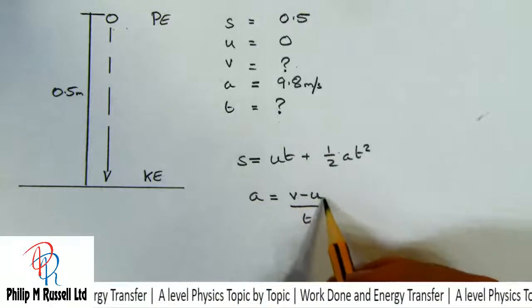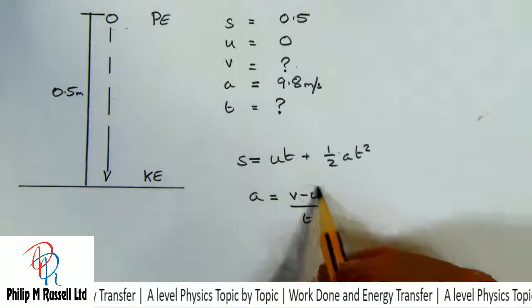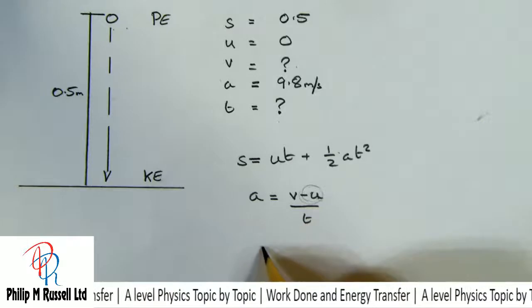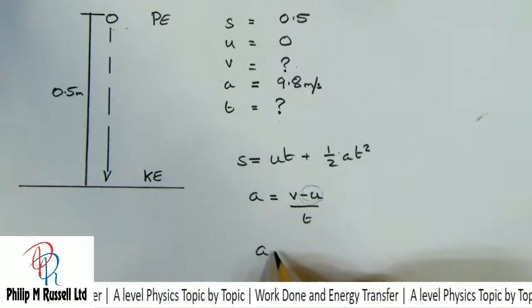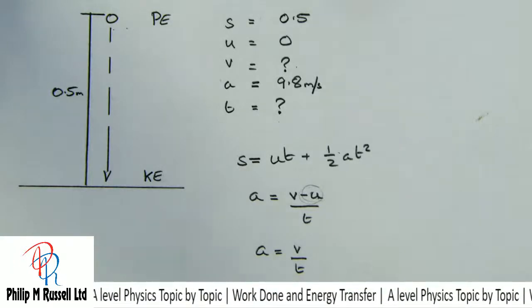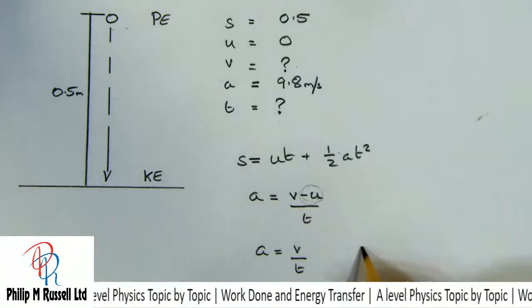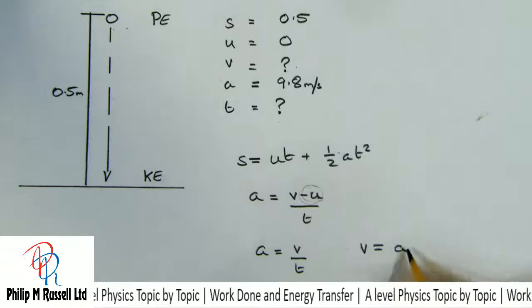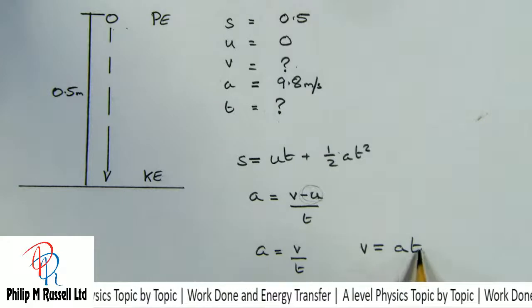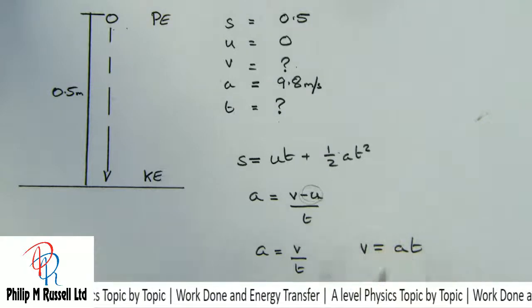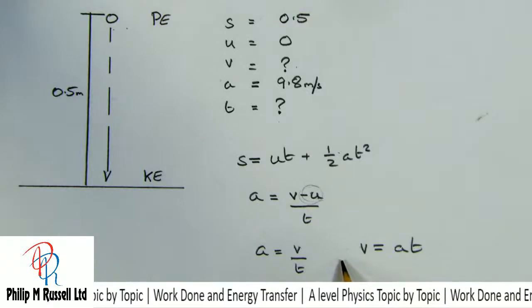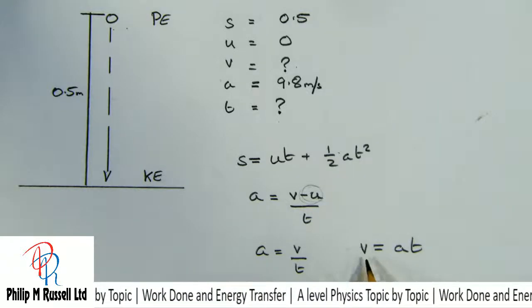And this is probably one of the easiest ways. We know, in fact, that u is going to be 0. So if we know that acceleration equals the velocity divided by the time, then we can work out my velocity is the acceleration times the time. So we can work out what my final velocity is quite easily.